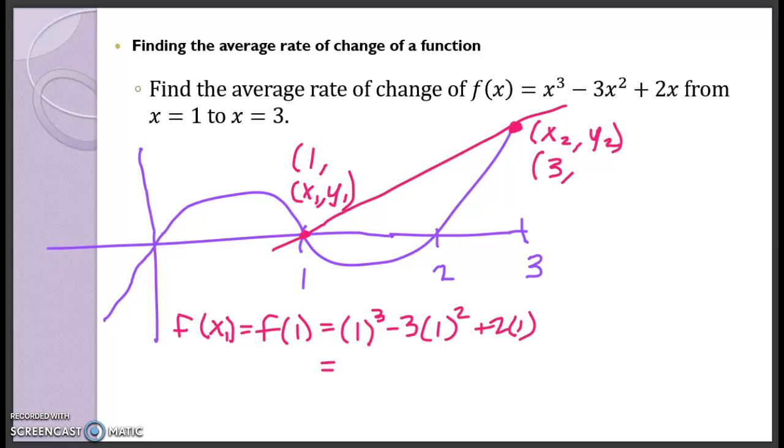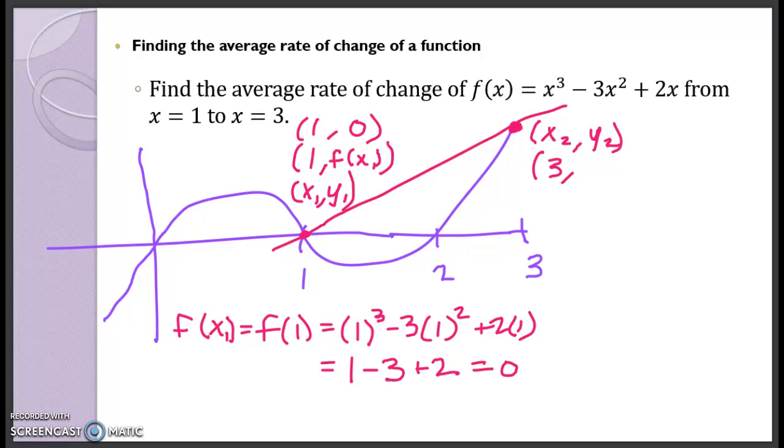Now, I know from the graph this should be 0, but we're not going to be given a graph. So 1 cubed is 1, minus 3 times 1 squared, which is minus 3, plus 2. So 1 minus 3 plus 2 does equal 0. So f of x1 is that point, and that happens to be 1, 0. f of x1 is 0.